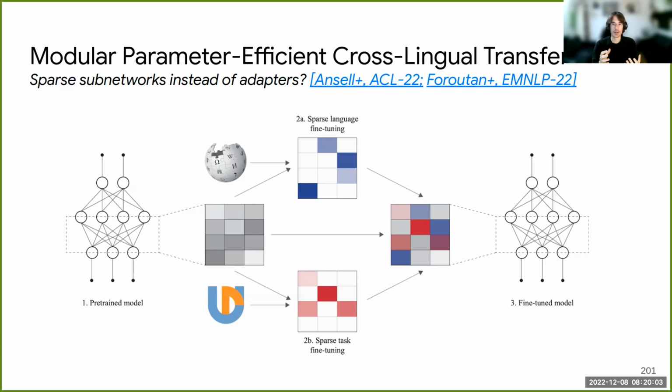And then we can combine those sparse networks because we are trying to leverage sparsity, like over-parameterization of the model. And then we can combine language-specific information and task-specific information, which basically means combining language masks and task masks and appending them on the base parameters of the base model.